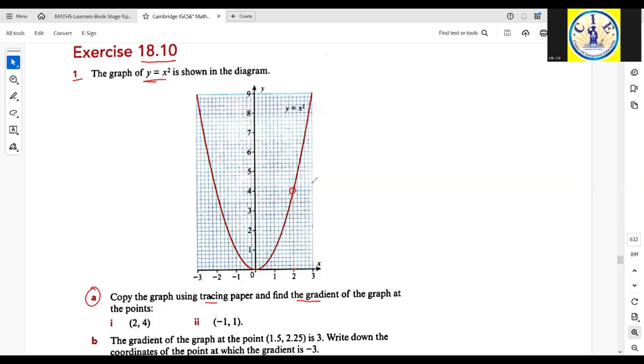Now we need to draw a straight line, the tangent to the graph at this point. This could be the line.